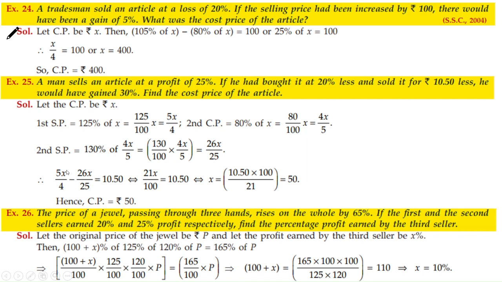Therefore 5x by 4 minus 26x by 25 equals 10.50. That implies 21x by 100 equals 10.50. That implies x equals 10.50 into 100 by 21, equals 50. Hence cost price equals rupees 50.